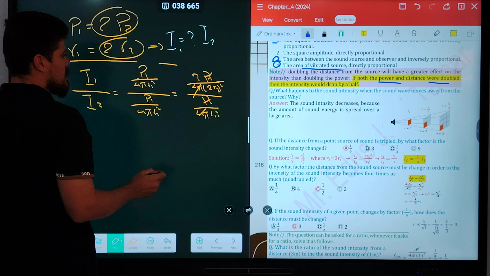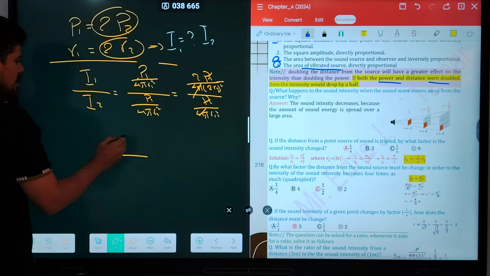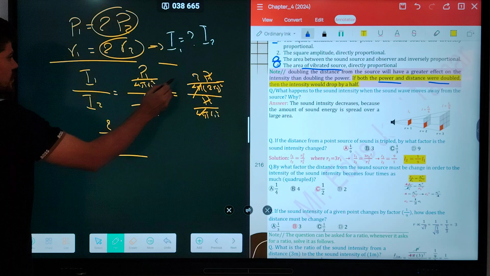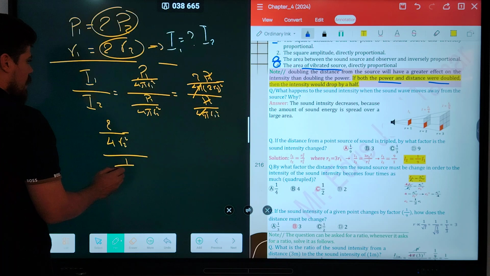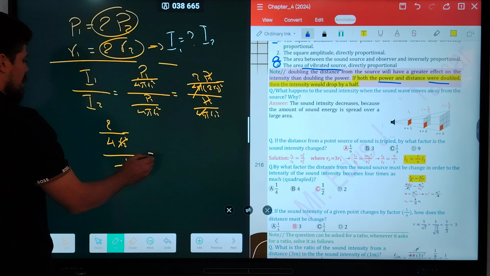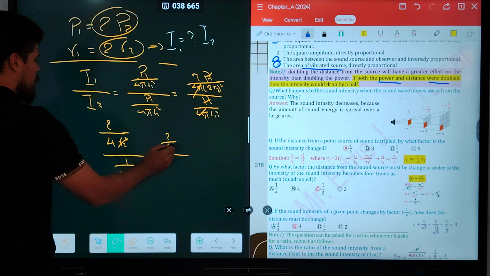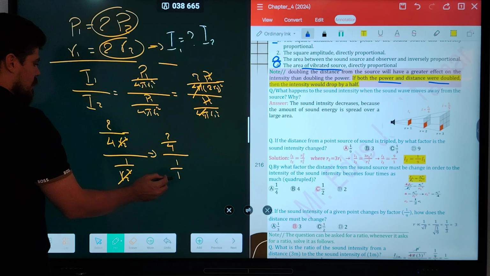P2 with P2 cancel. What remains? 2 over 2 squared, 4R2 squared, over 1 over R2 squared. R2 squared with R2 squared cancel. What remains? 2 over 4 over 1 over 1.